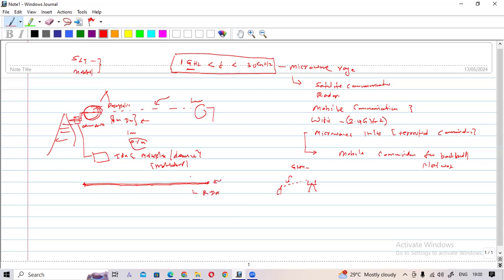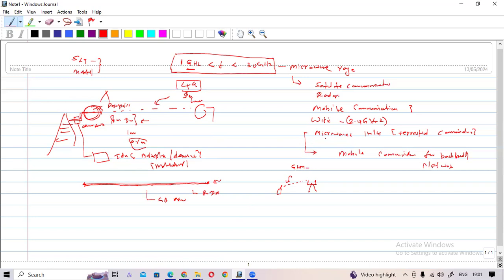So that is why they are using fiber. Actually, microwave link speed may not be enough for 4G and definitely for 5G. At least for 4G also, these microwave links are not used. Normally we use optical fiber. We are using gigabit Ethernet through this optical fiber for the 4G network backbone.